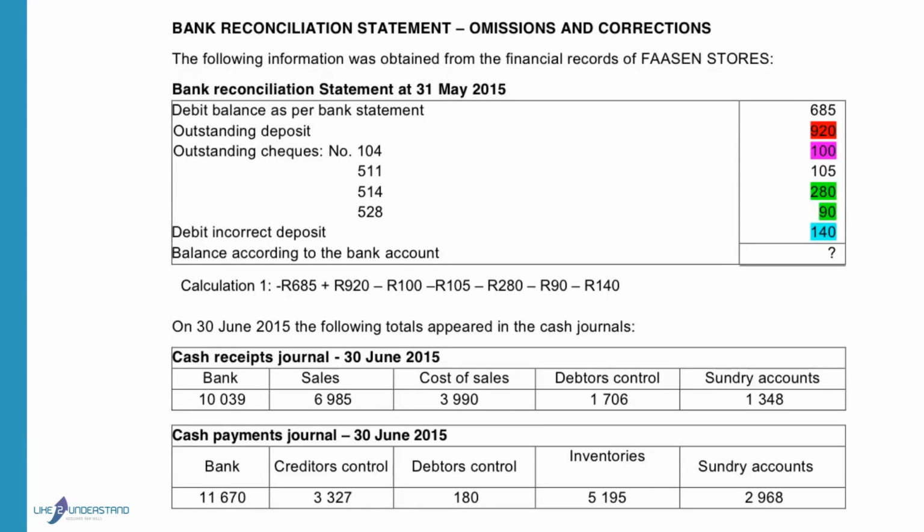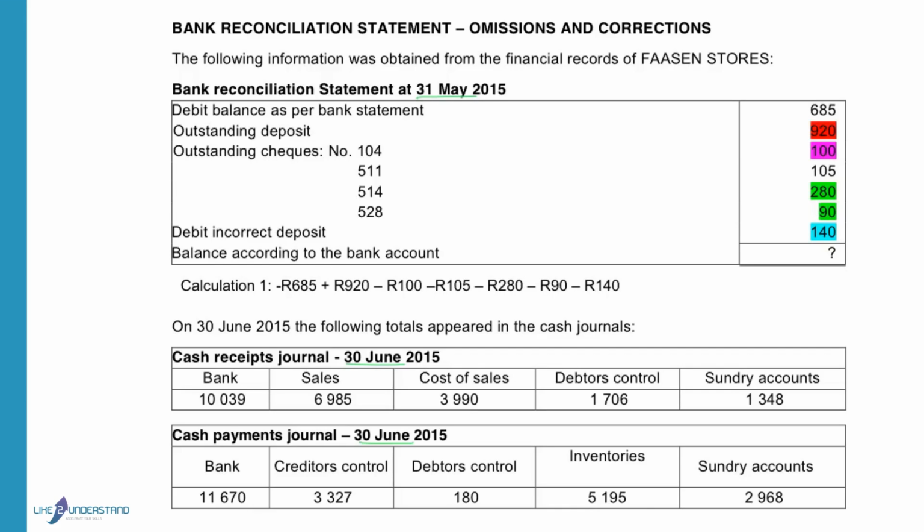Now, if we look at the bank reconciliation statement at 31st of May, and if we look at the cash receipts and cash payments, it is 30 June. That indicates to us that they are giving us the bank reconciliation statement that was completed the previous month so that we can see if those entries were completed in the current bank statement received for June.